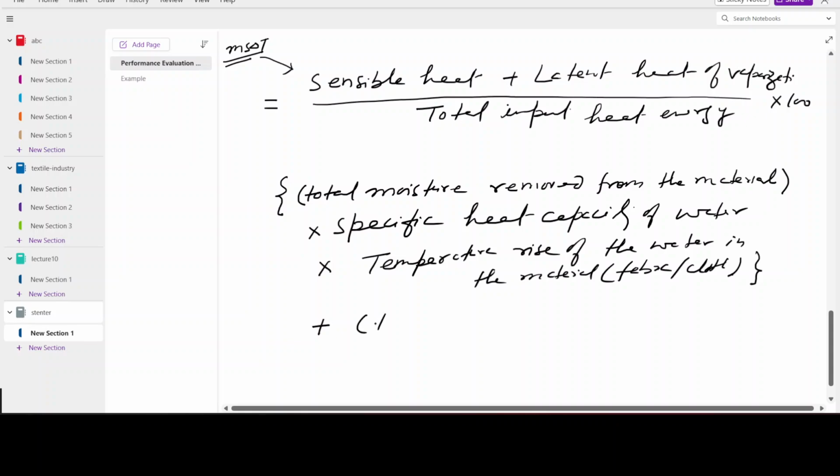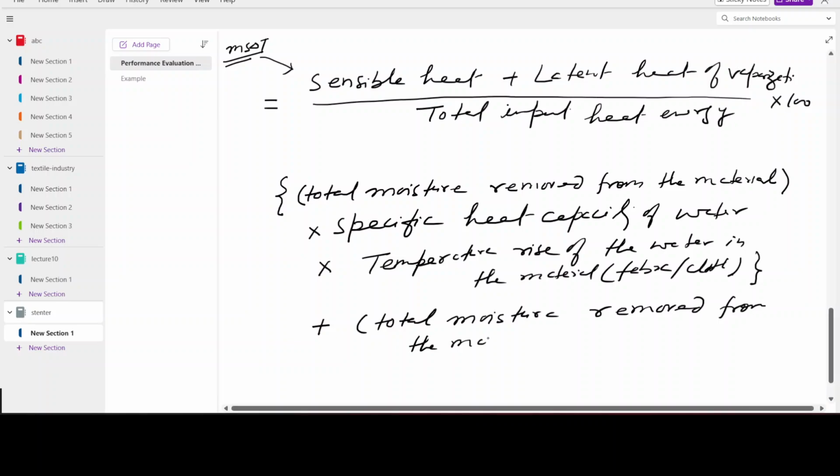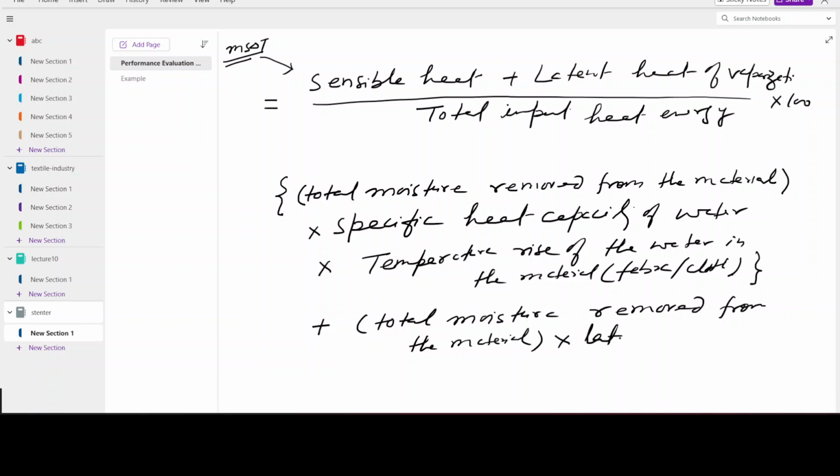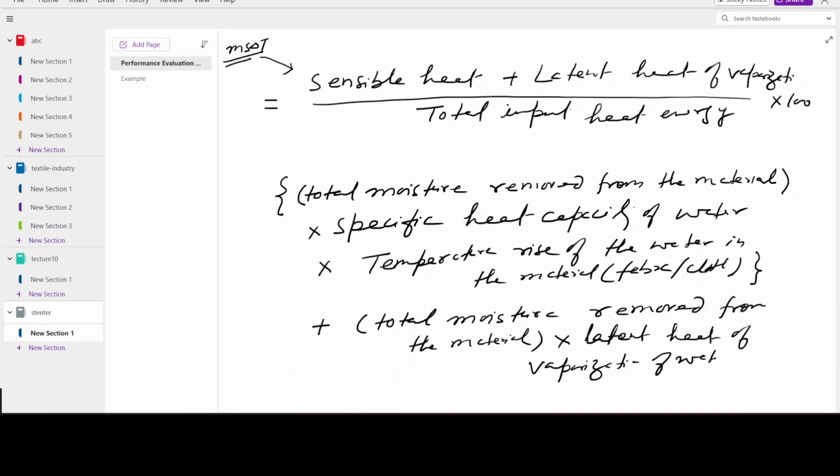This will be total moisture removed from the material multiplied by latent heat of vaporization of water. Here we have found latent heat of vaporization.